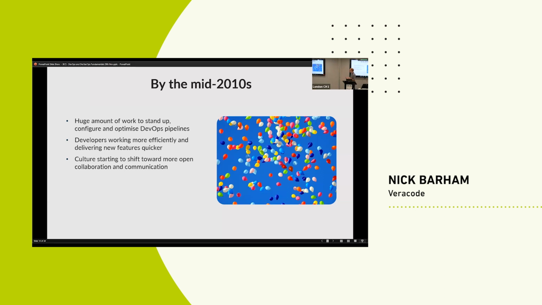You're starting to see in a lot of organizations, a lot of teams, this culture shift towards more open collaboration and communication. And this is paying various benefits. You're seeing an increase in the release velocity of your software.